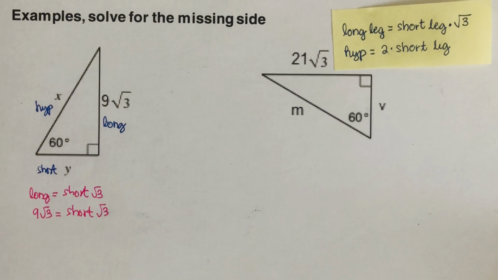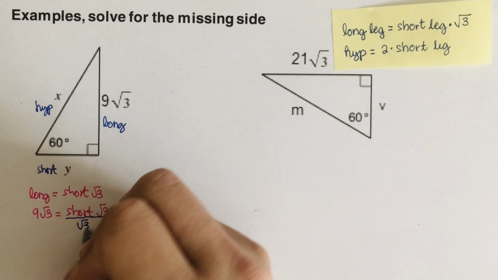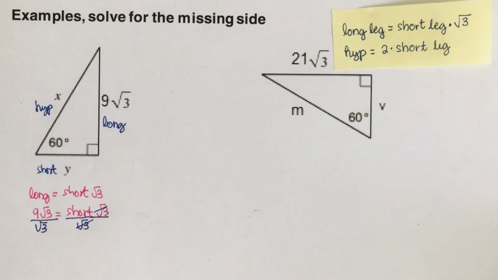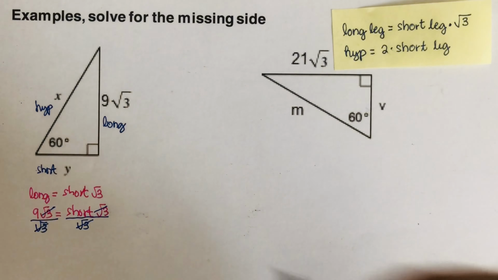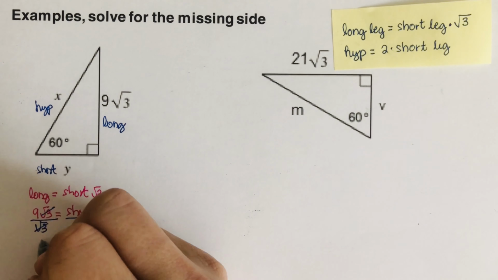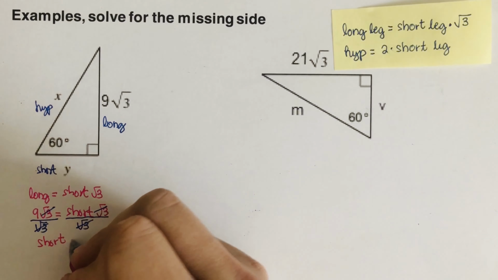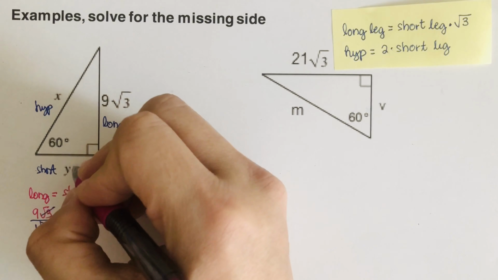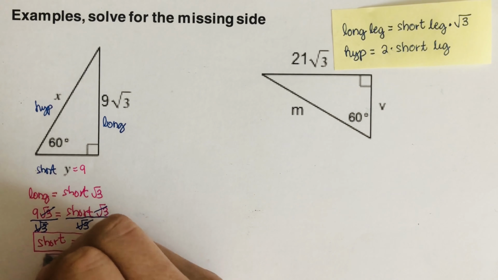I want the short, so I am going to divide both sides by square root of 3. I cross this out, and so our short here is 9. So the length of the short leg is 9. So y is equal to 9.